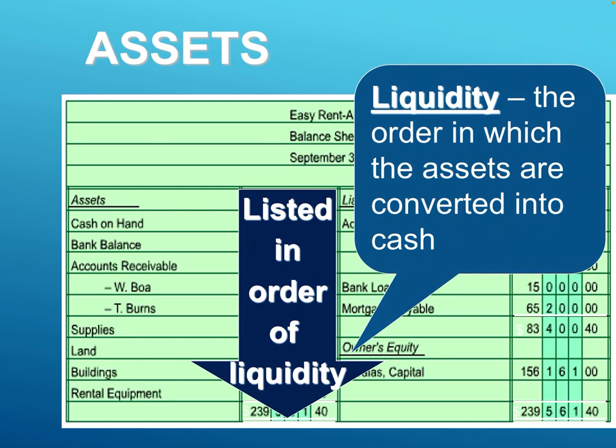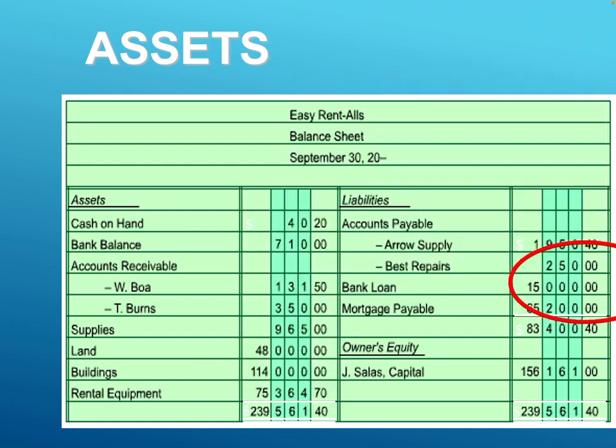Bank is typically what I would always expect to be first. If we have cash on hand or petty cash, that would be before it. But typically in this course, you can always put bank balance as the first one. Okay? And then usually longer term assets are put towards later. And so try and remember the order as you're going through with this.